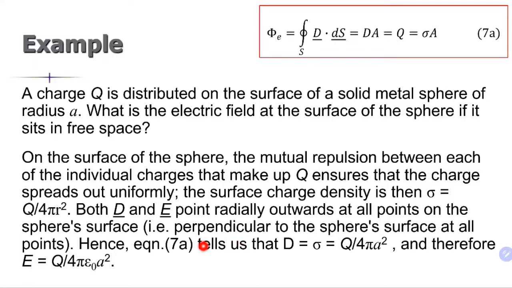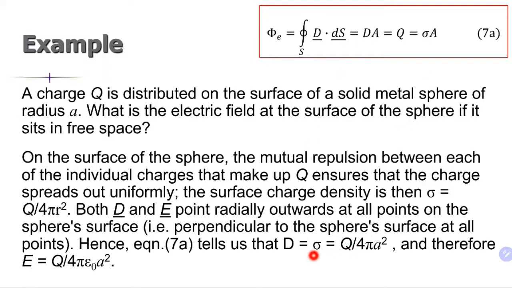Okay, and then from equation 7a, I repeat my 7a here, which is my Gauss law. The integral D dot dS will be equal to D times A equals Q, and that will be equal to the charge density times A, and therefore D is simply equal to the charge density.